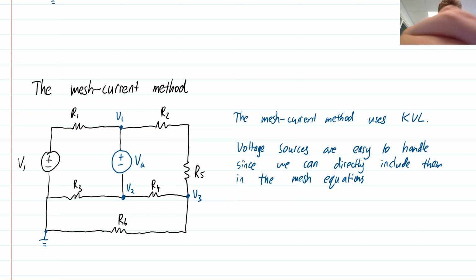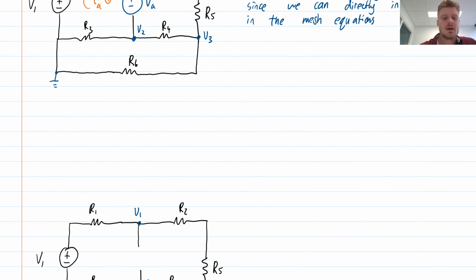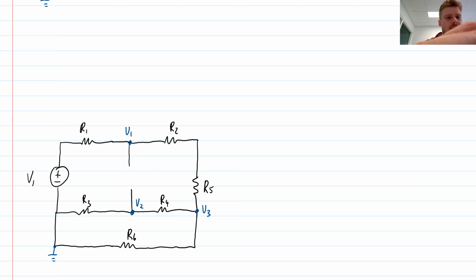All right, so I can easily have a mesh, let's say this one here, IA, for example, and I do KVL around that mesh, and I just include the contribution of the two voltage sources. Okay, easy. Voltage sources are easy. However, suppose that I put a current source here, and let's think about that. Suppose I put a current source here.